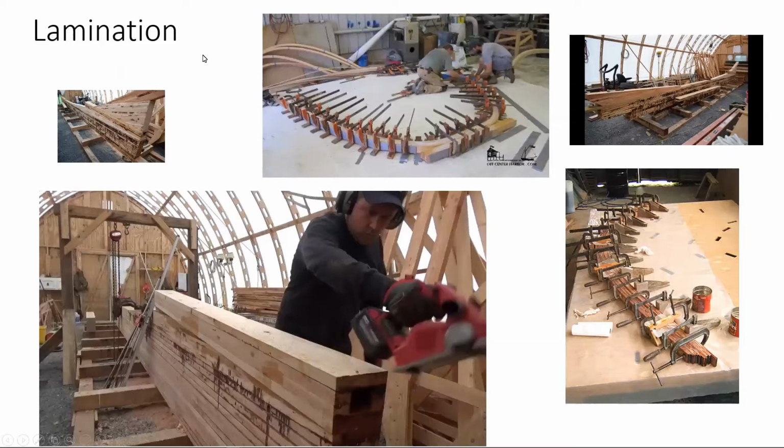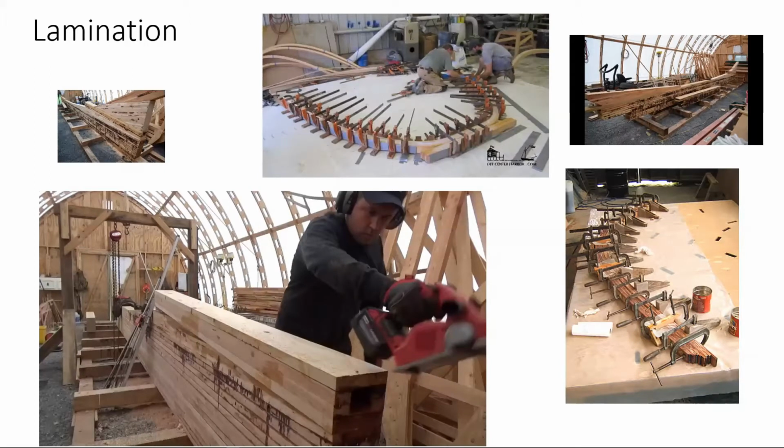Lamination. This is one way of creating large structural timbers, like say a mast or a keel or a frame, when you don't have wood or logs or trees that will actually be large enough to give you that structural member.